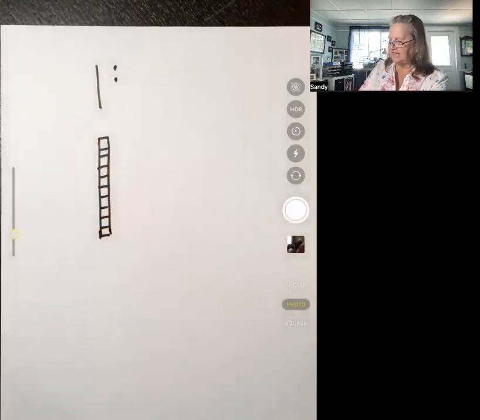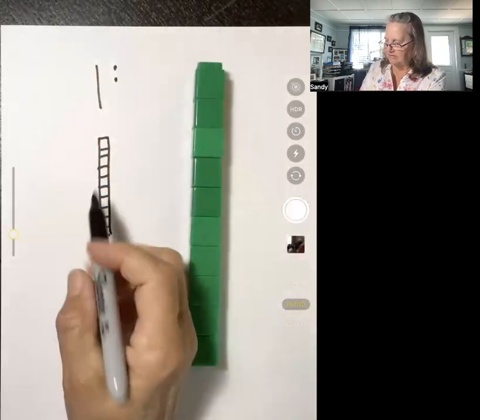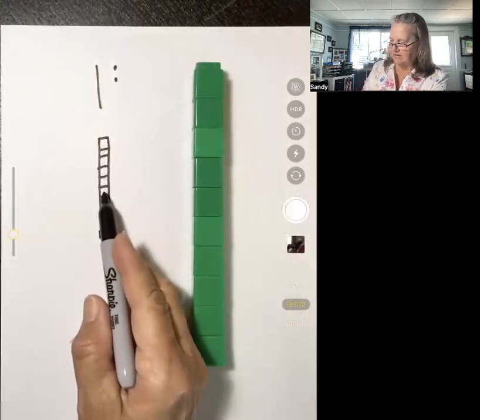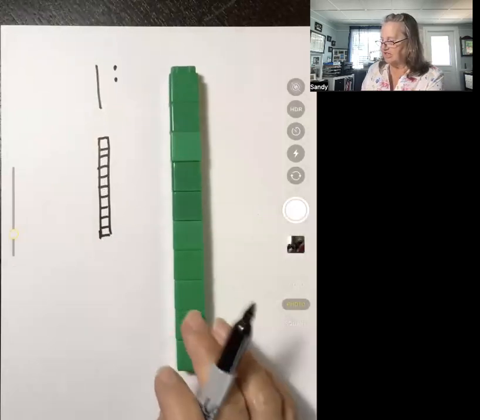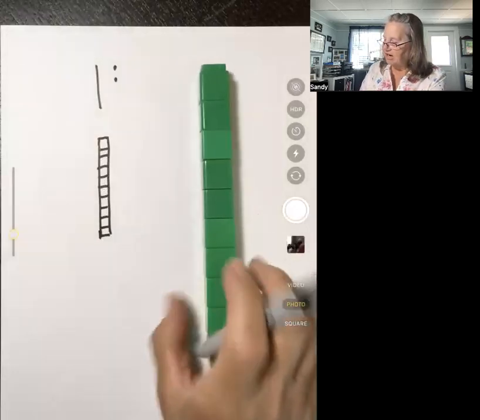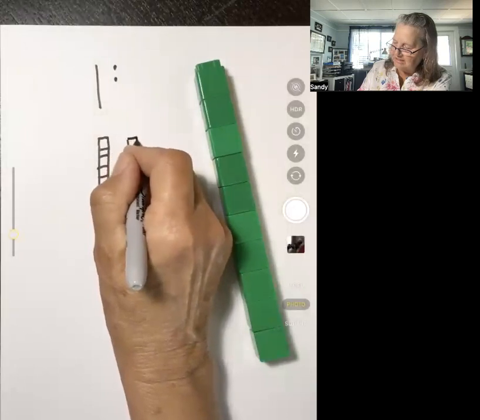They're going to end up drawing a picture that looks like this. That rod of 10 and the 2 1s.